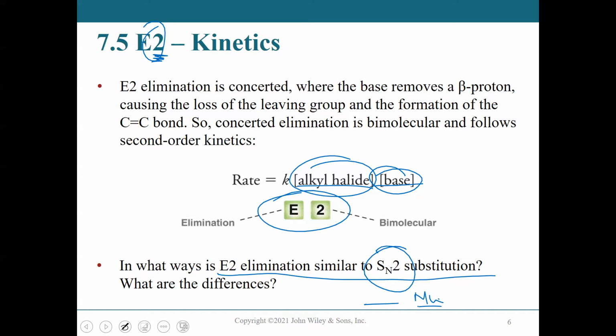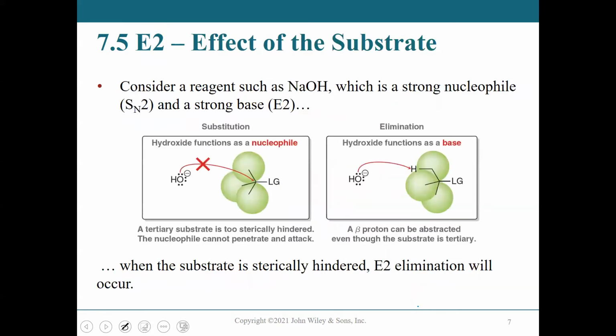Differences: the attack. In SN2, you do the backside attack on the same carbon. Here, you do a kind of backside attack, but to the beta hydrogen. You're attacking the hydrogen here, whereas in an SN2 reaction, you were attacking a carbon. That's another difference between elimination and substitution.